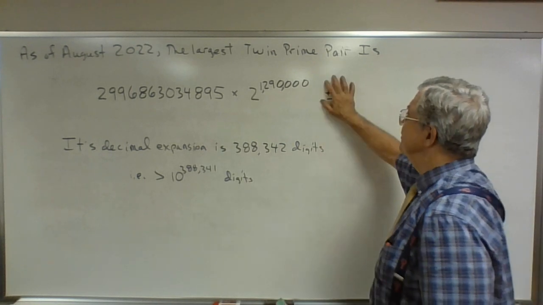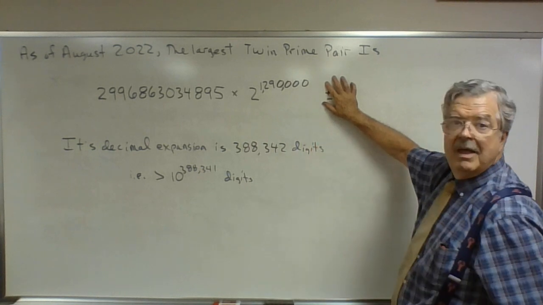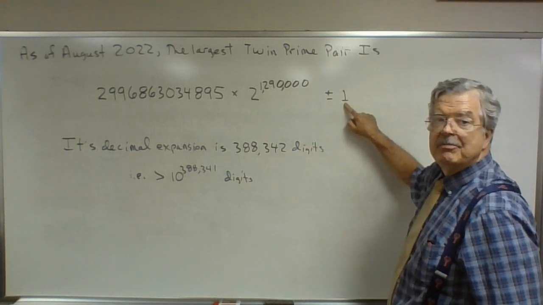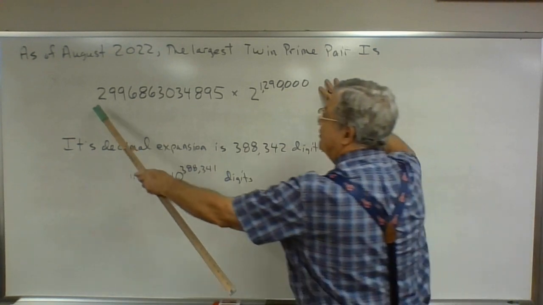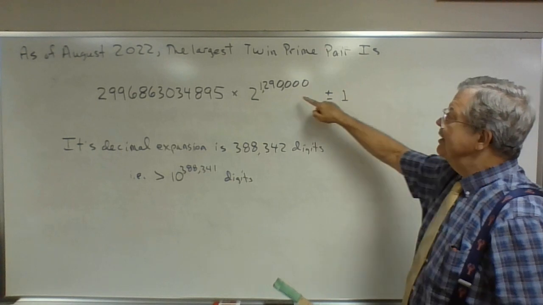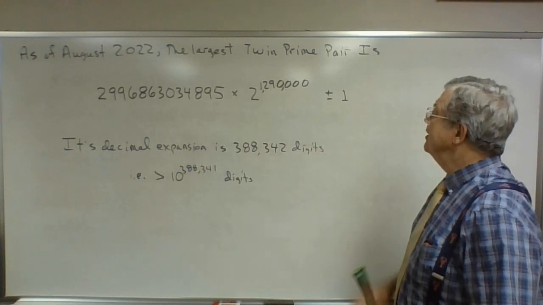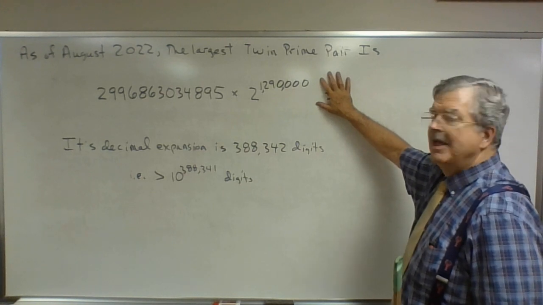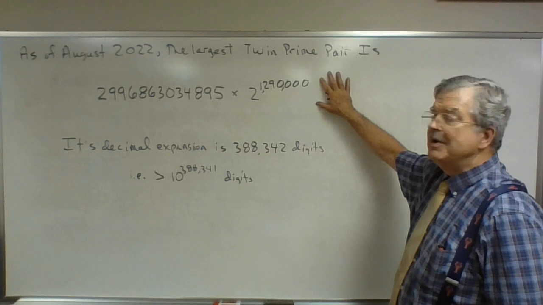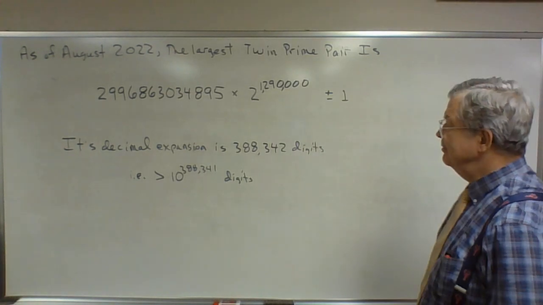So if you take this number and subtract 1, you get the first of the twin prime pair. If you take this same number and add 1 to it, you get the larger number of the twin prime pair.